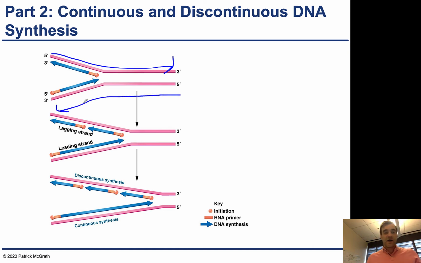So if we synthesize DNA from these two strands, we're going to actually be synthesizing them in different directions. And so for this one, the new DNA goes this way. The template strand goes from the 3' to the 5', but the new DNA is being generated from the 5' to the 3'.